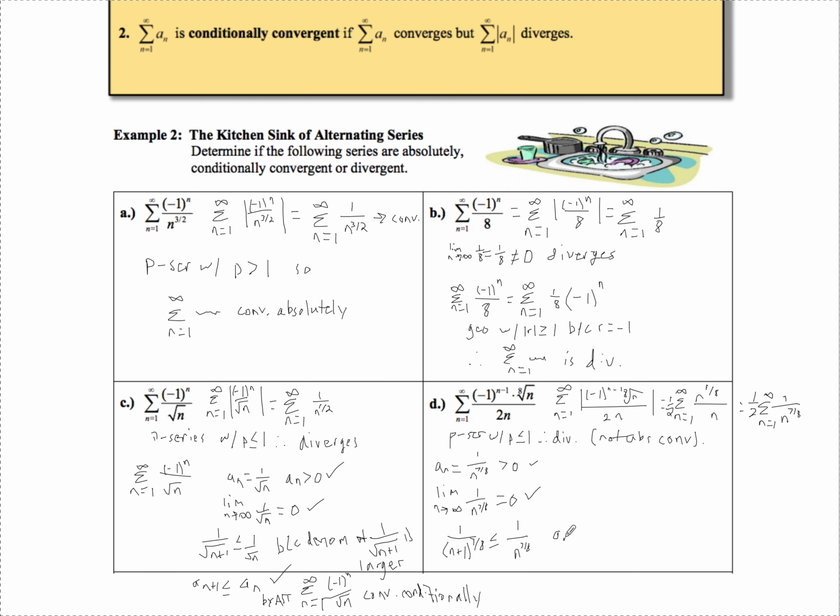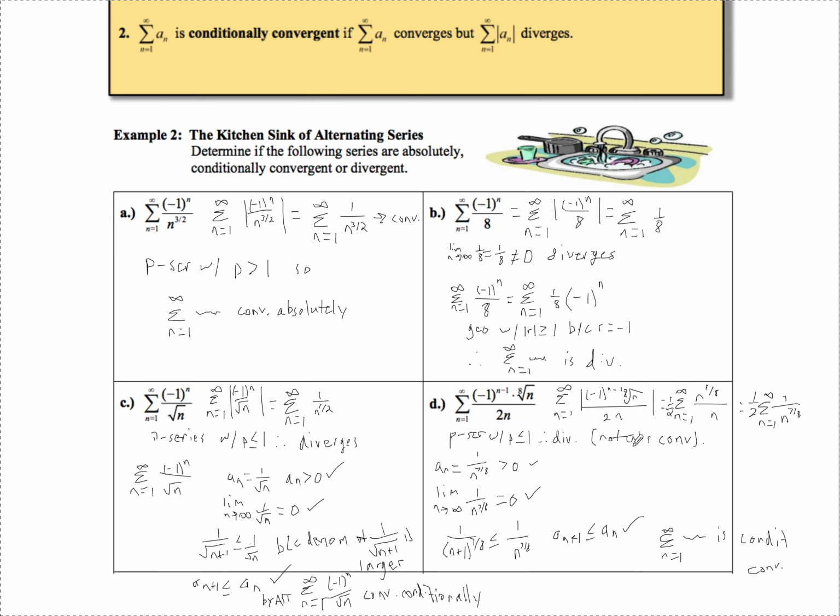So therefore, a sub n plus 1 is less than a sub n. And therefore, the series I started with is conditionally divergent. Sorry, conditionally convergent. Oh my gosh.